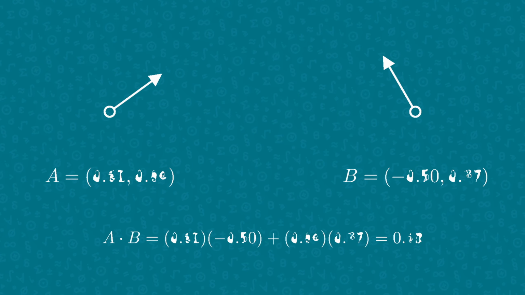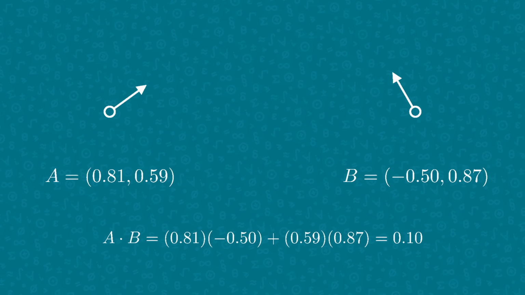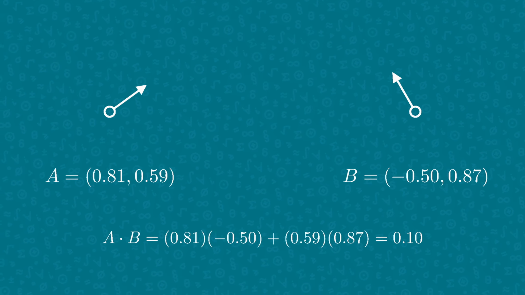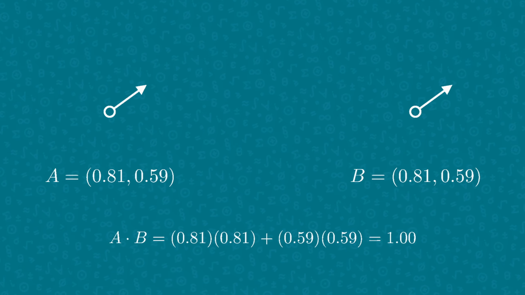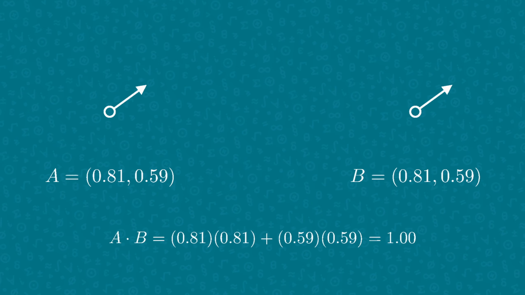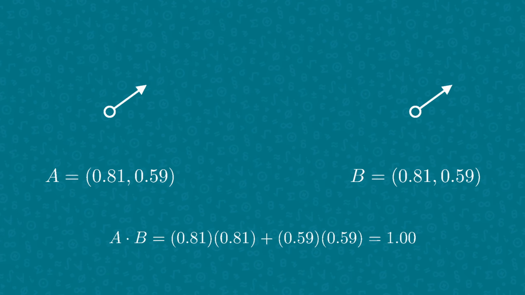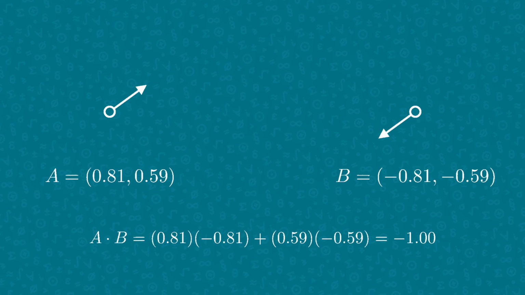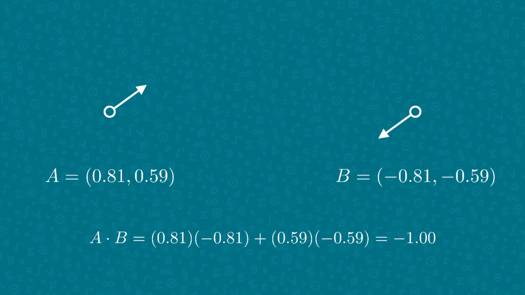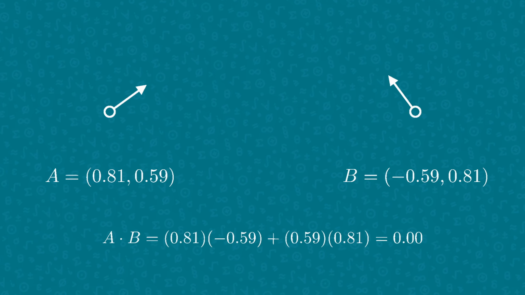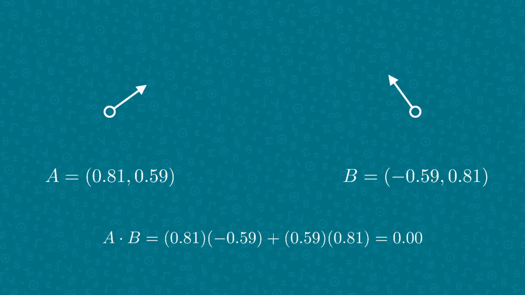By normalizing both vectors, each vector is going to be of magnitude 1. Now if two vectors are facing each other, then their value is going to be 1, because 1 times 1 is 1, and all of the other components zero out. If two vectors are opposite of each other, the result is -1 for the same reason. And finally, if our vectors are perpendicular, the result is going to be 0.